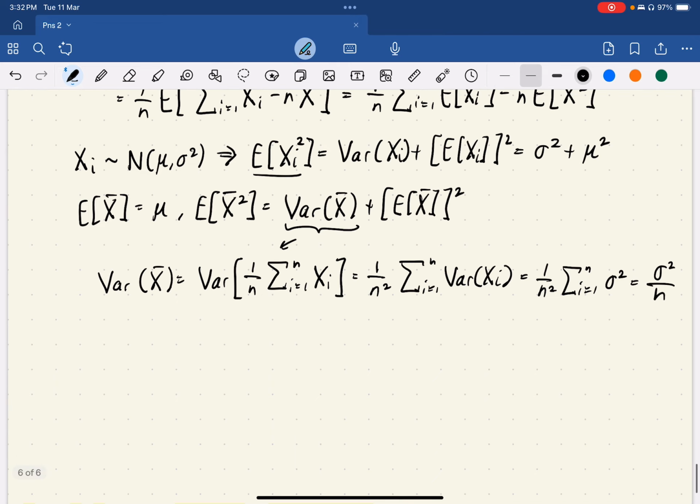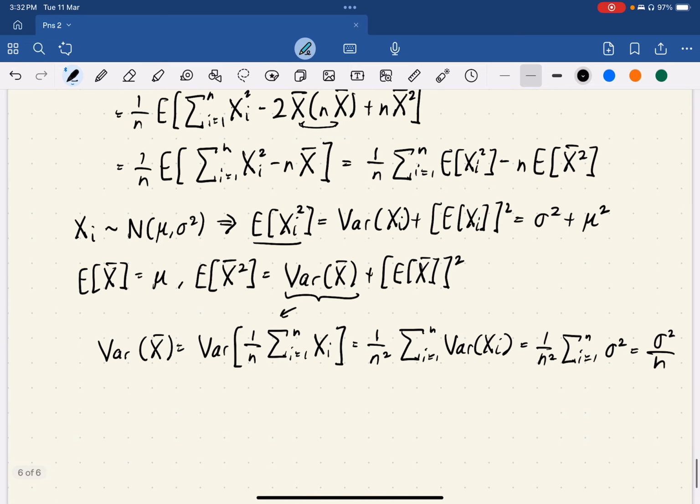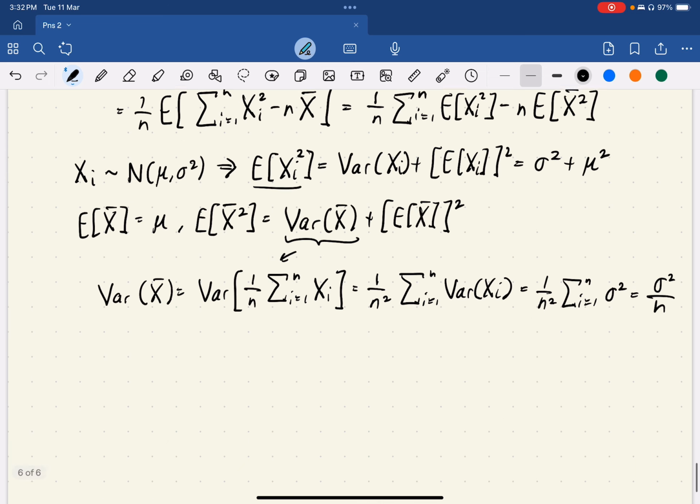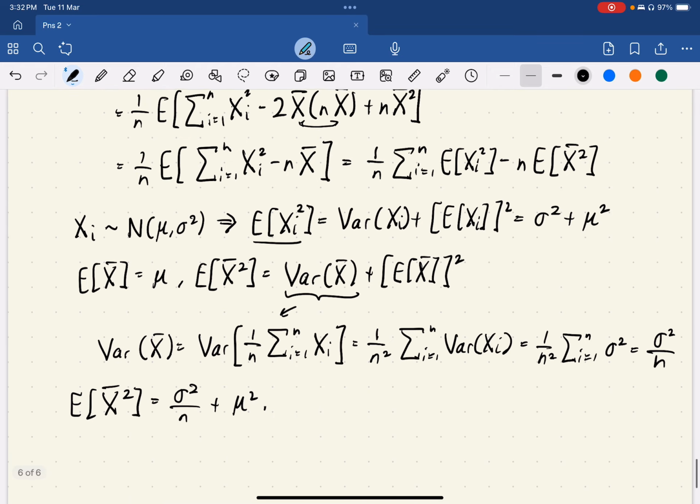Returning back to this equation here, now we have the value of the variance of x bar. So we can find the second moment of x bar, the expectation of x bar squared, by just taking the values that we obtained here.